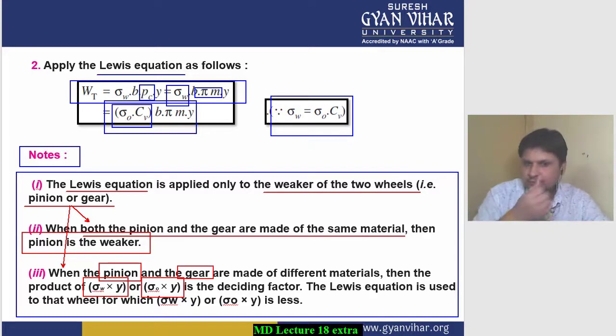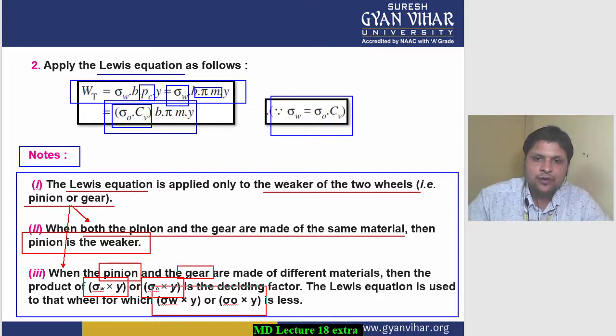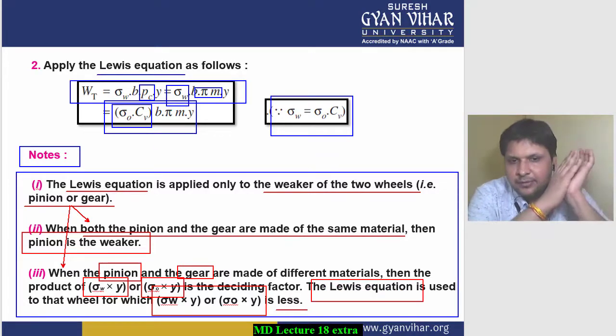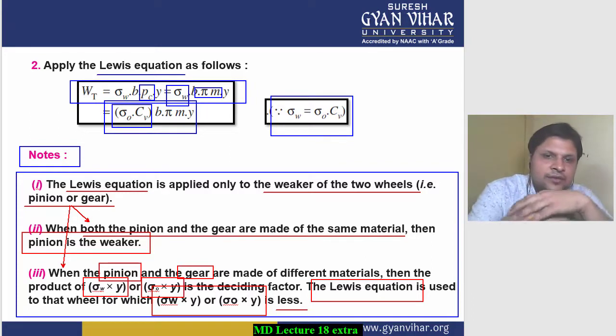Whichever has the lesser value of sigma w into y is considered as the weaker one, and the Lewis equation is applied on that one. First of all, keep in mind that the Lewis equation is always applied on the weaker one.